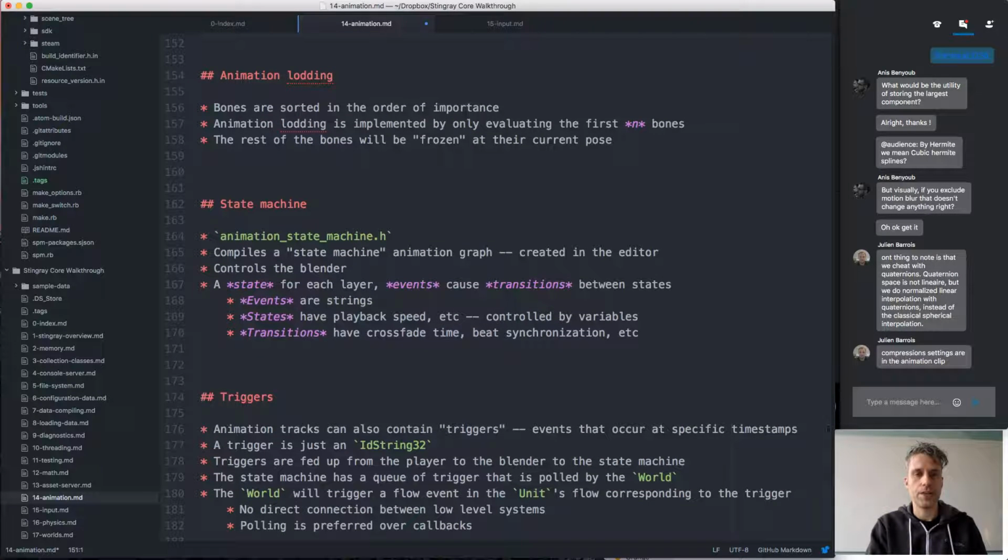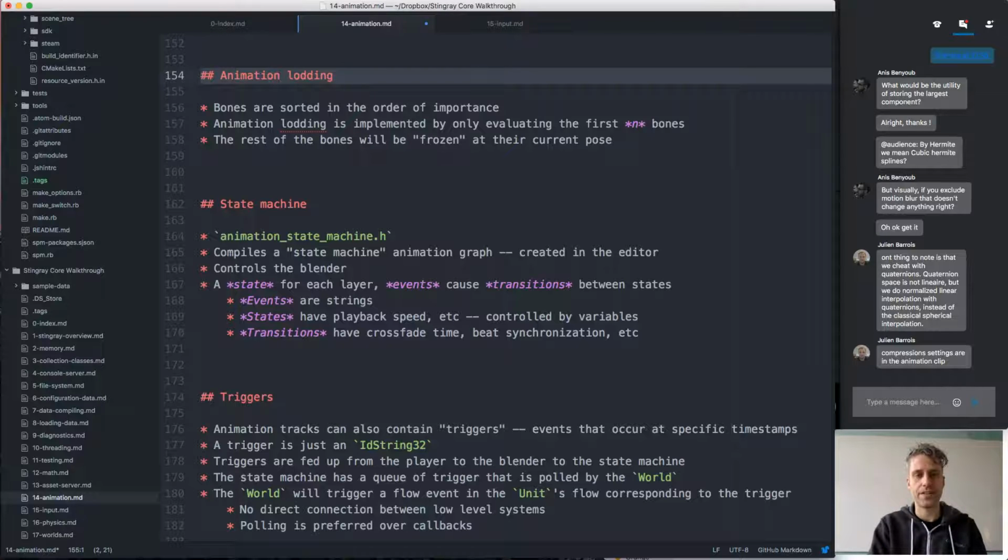We have a loading system for the animations. The reason for this is that sometimes when a character is far away, you may not want to evaluate the animation for all its 100 bones. If the character just takes up 10 pixels on the screen, you won't see that animation anyway, so it's wasted effort.